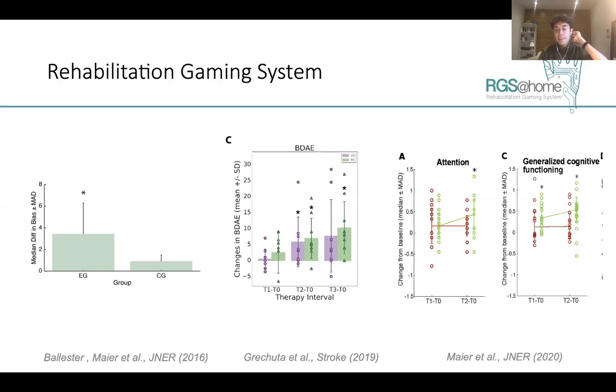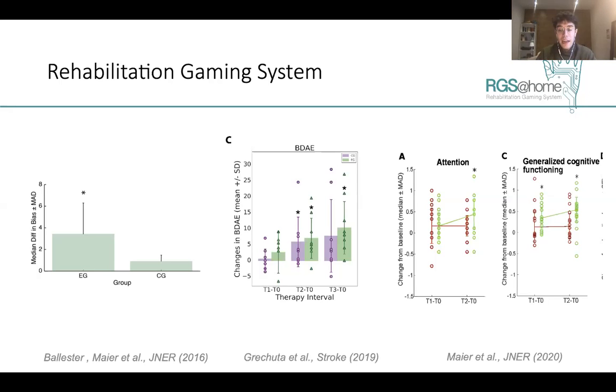So this is interesting, and this opens a myriad of possibilities using virtual reality technologies in an appropriate way to treat deficits after brain damage.